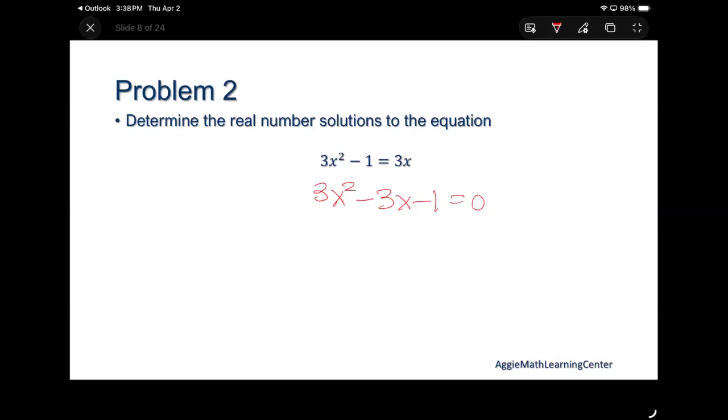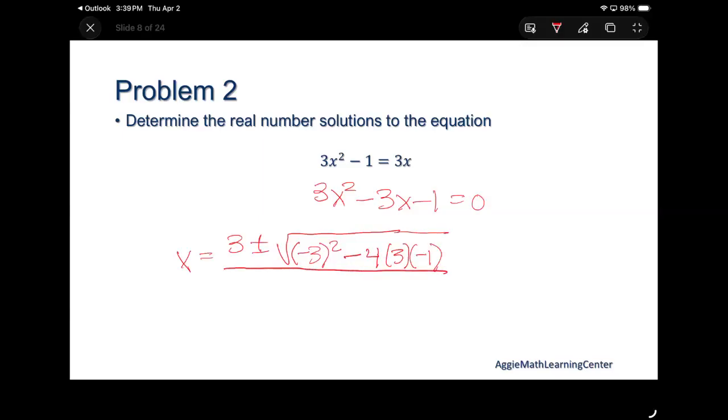Okay, so when we set up our quadratic formula, how is it going to look? So it'll be x equals positive 3, plus or minus the square root of negative 3 squared minus 4 times 3 times negative 1, all over 2 times 3.